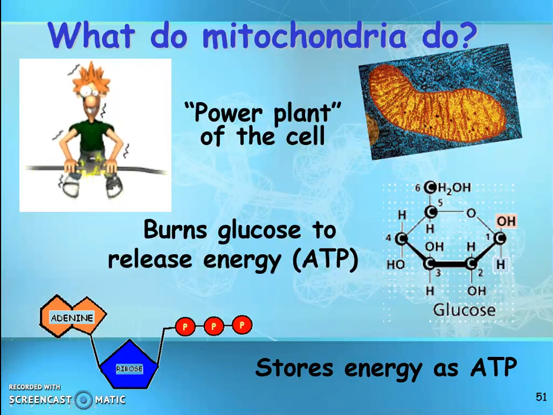Whenever there is a need of energy, the ATP releases the energy when there is a breakage of one phosphate bond. So you can say that ATP stores the energy in the form of these chemical bonds in the phosphates.